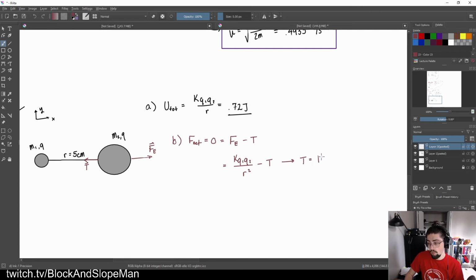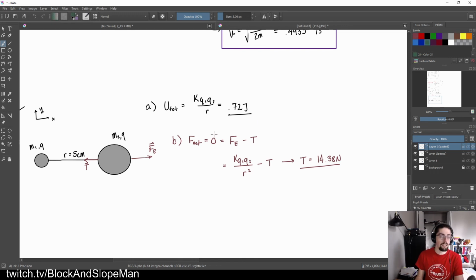T should be equal to 14 point, shoot, what was the actual decimal? 14.38 newtons. It's a slick way to speed up that calculation a little bit, if you recognize some of the similarities between terms like this. So I always like to do things symbolically, even if I am going to plug in numbers.